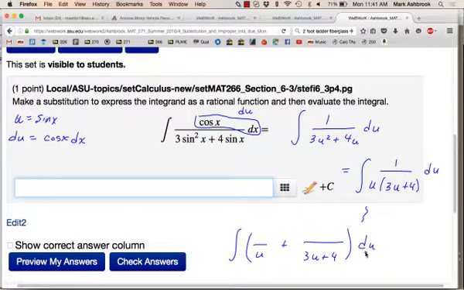Can you do this one in your head? Yeah. What is it? Tell me what it is. We need to get 0.